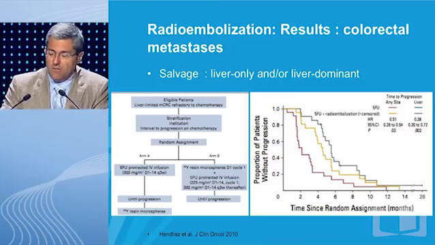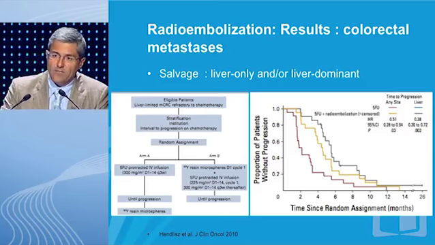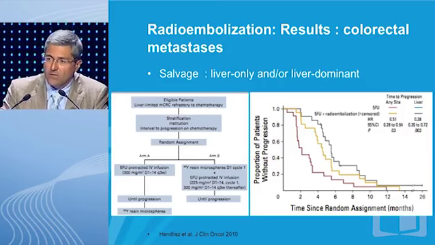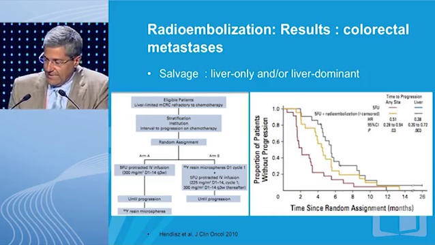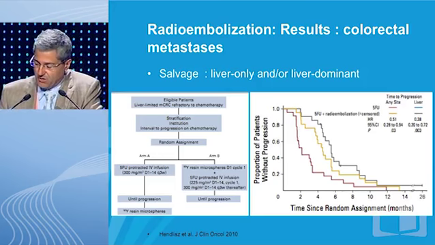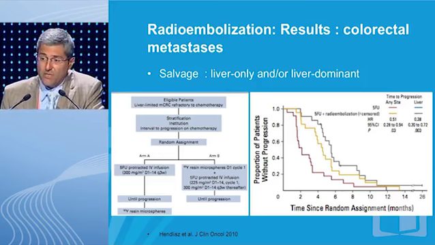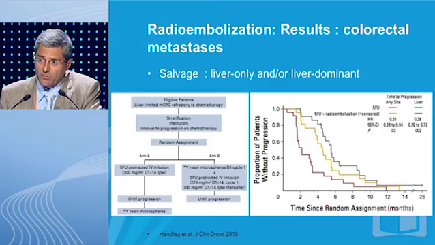There are also a few randomized trials dealing with unresectable colorectal liver metastasis treated with radioembolization. There is one Belgian study we were part of, published 3 years ago, done between 2007 and 2008, where patients were randomized between 5-FU protracted infusion versus 5-FU protracted infusion plus Y90.